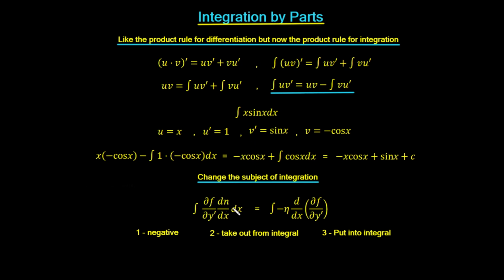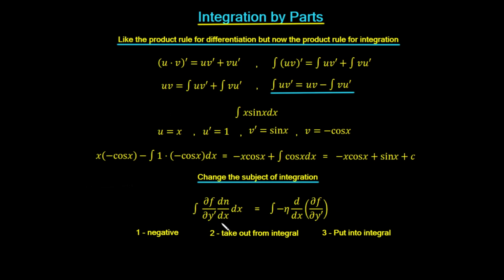Now if we went through the same process we went through above and used this equation here on this, then we could show that this is the same as the integral of minus eta times d by dx of this term here, which is partial f by partial y derivative. And that's really what we want to be able to show in this video.